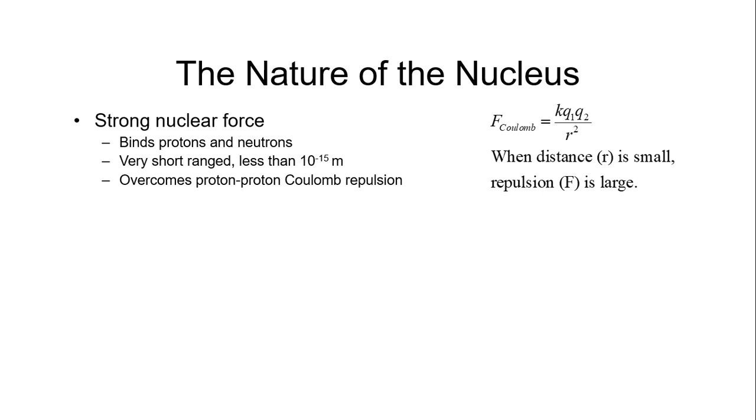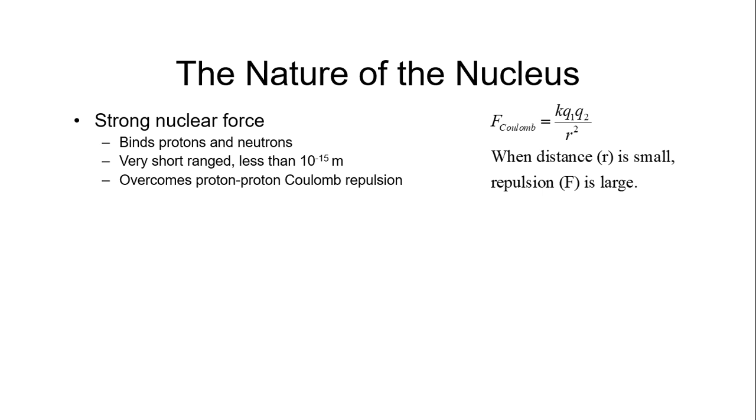When the 2 charges have the same sign, they're both positive when we're dealing with protons, then it's a repulsive force. And when r is really small, then the repulsion force F is really, really large. So these protons should be pushing away from each other, and the nuclei just shouldn't make sense. They shouldn't exist because these protons are always pushing away from each other.